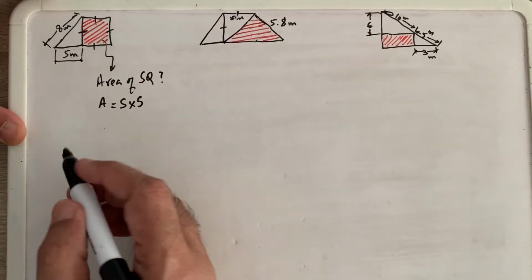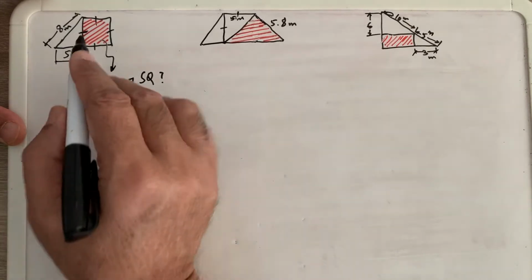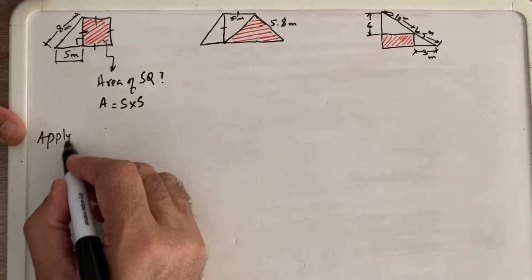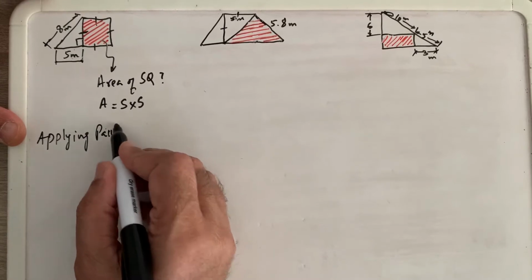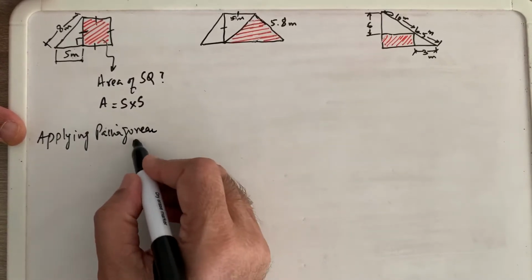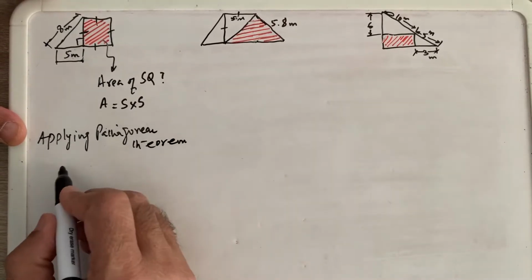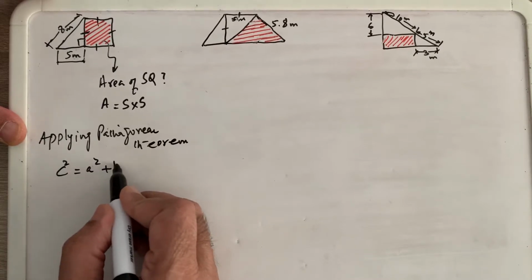square. So applying the Pythagorean theorem to the right angle triangle, because this is a right angle triangle, right? The theorem is c square equals a square plus b square.